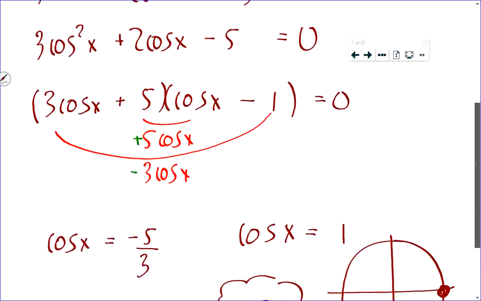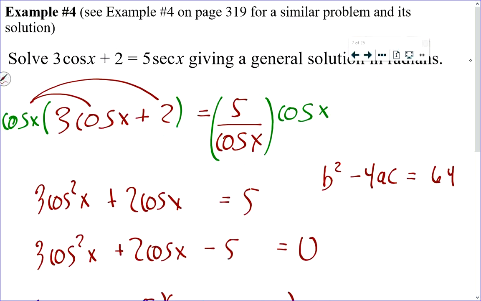But this equation, and you look at non-permissible values before you cancel, had cosine of x in the denominator, which means cosine of x would never be allowed to be 0. Where is cosine 0? At the top of the unit circle and the bottom of the unit circle. So this is saying x cannot be pi over 2 plus multiples of pi.